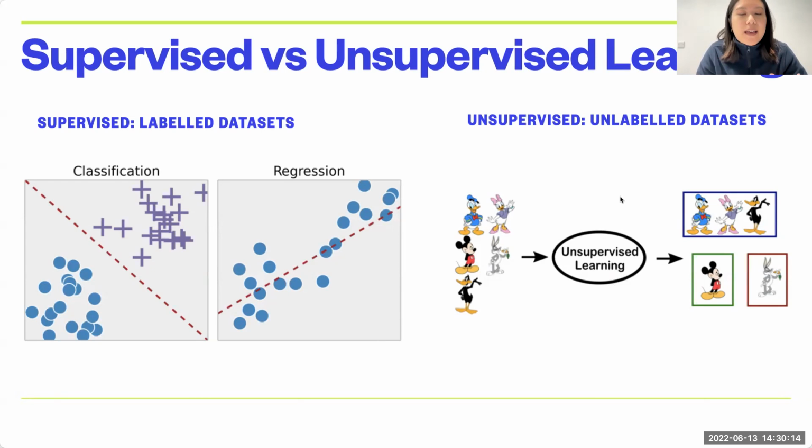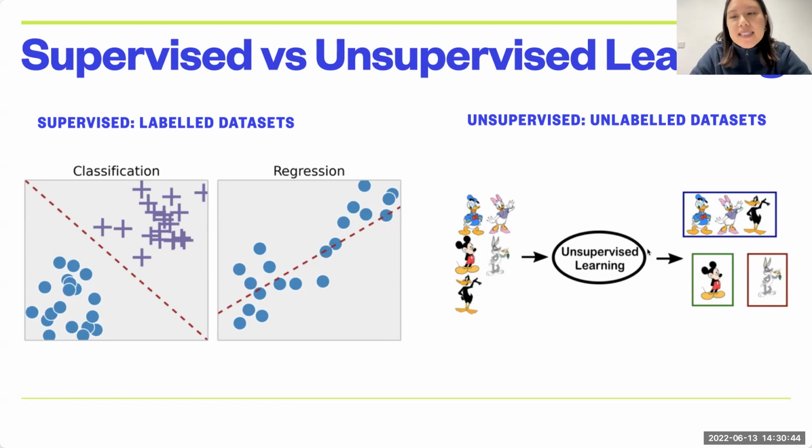For example, in this little image here, a deep learning algorithm might identify some large scale features that separate Donald Duck, Mickey Mouse and Bugs Bunny from other characters, and then classify them as ducks or whatever animal category you have there. So that's an unsupervised learning example.